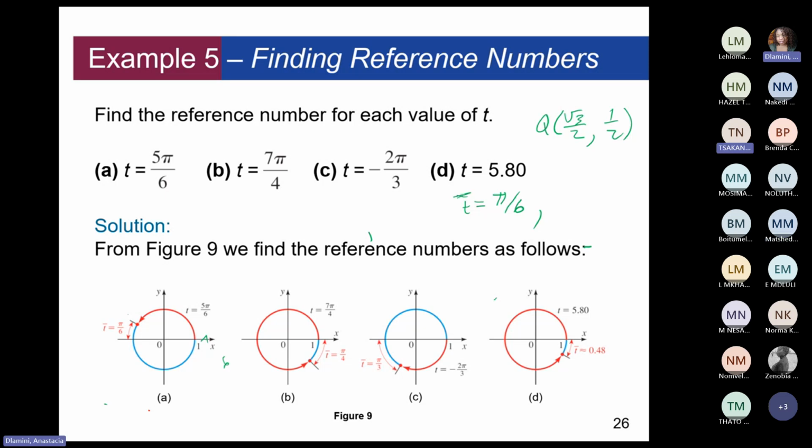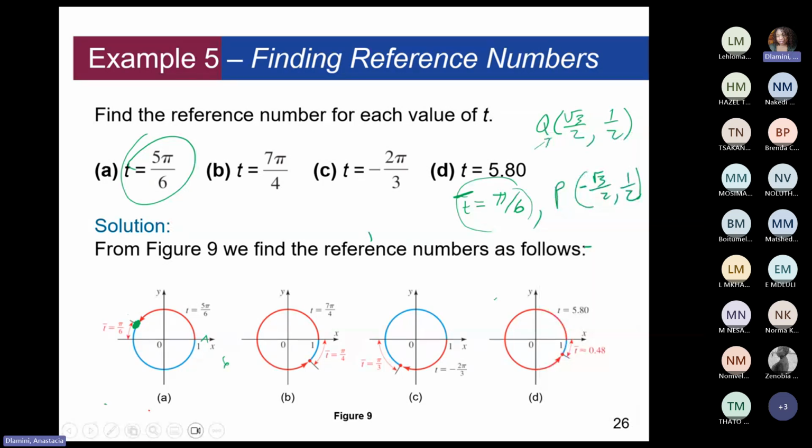So this one is the reference number, which is pi over 6. We found that it's this one. But for us to find the terminal point of this value here, it means that now we need to go and say, where does this point lie? It lies in the third quadrant, meaning that we know that our x value in the third quadrant is negative. So it's root 3 over 2 and 1 over 2.